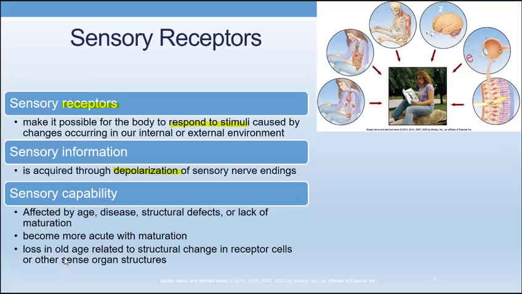As we get older, structural changes in receptors are going to occur, or aging of these receptors. And what this can lead to, for example, is an individual that could once hear properly and their sense of hearing was strong and intact. As they get older, they may need a hearing aid. So really a reduction in sensory capabilities compared to what they once were.